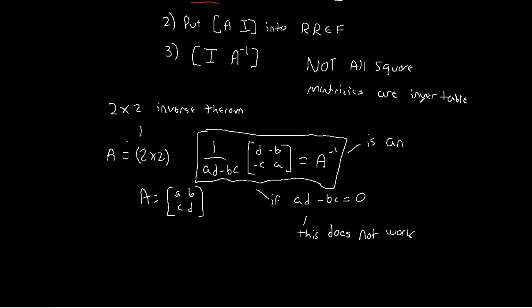I recommend writing it down somewhere, so that when you go through the homeworks and the exam, if you see a 2x2 matrix, you can bang it out really quick. And again, if you're interested in the proof, there's a separate optional video where I go through the process outlined above to come up with this. So this is the 2x2 inverse theorem. Remember this equation.